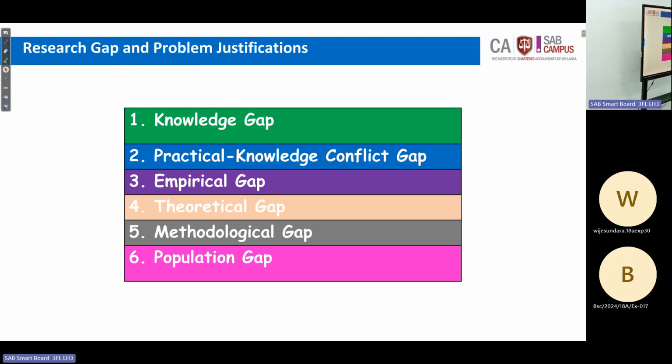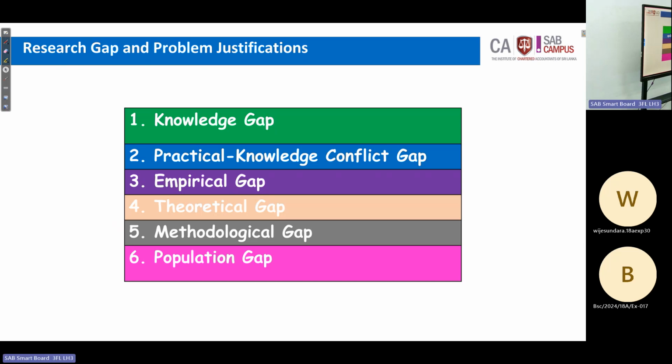A lot of researchers identified that sustainability is a new area, but the empirical studies are fewer in sustainability research. It's an empirical gap. A lot of researchers suggest that sustainability and environmental performance need to be tested.